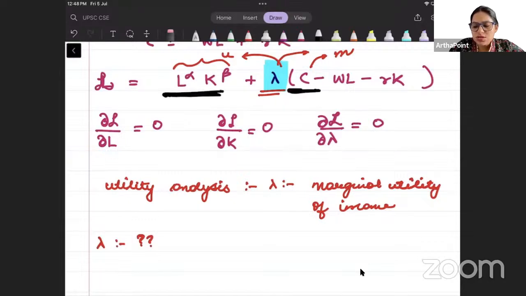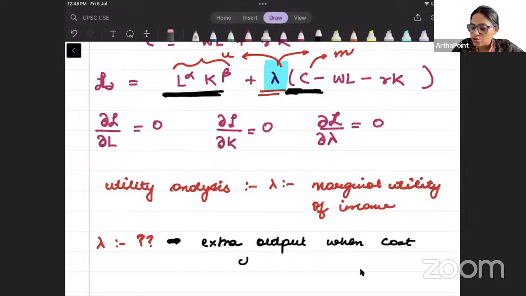This is my production function. This is my cost. So lambda will tell me extra output when cost changes. That means when the firm has extra money with it. मतलब अगर मैं फर्म को एक एक्स्ट्रा रुपया दे दूं, है ना, तो उससे कितना एक्स्ट्रा आउटपुट फर्म प्रोड्यूस कर पाएगा?